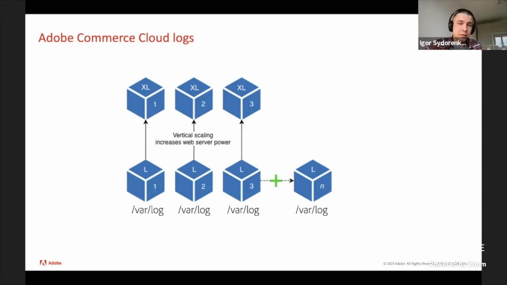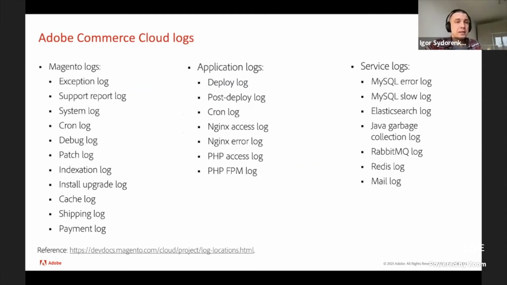But this is not convenient, agree? Especially if we look at Adobe Commerce Cloud logs, we have 3 types: default Magento logs, application logs like PHP-FPM, and service logs, which are MySQL, Elasticsearch, RabbitMQ, etc. I got this list from DevDocs. And as you can predict, it is a headache to check all these logs on each web node.